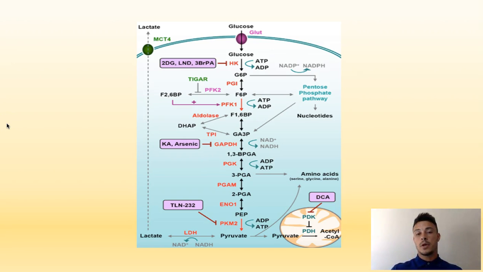To understand this process, let's see how the breaking down of a molecule of glucose will impact that lactate formation. So glucose breaks down, and as we can see here, there are several steps.